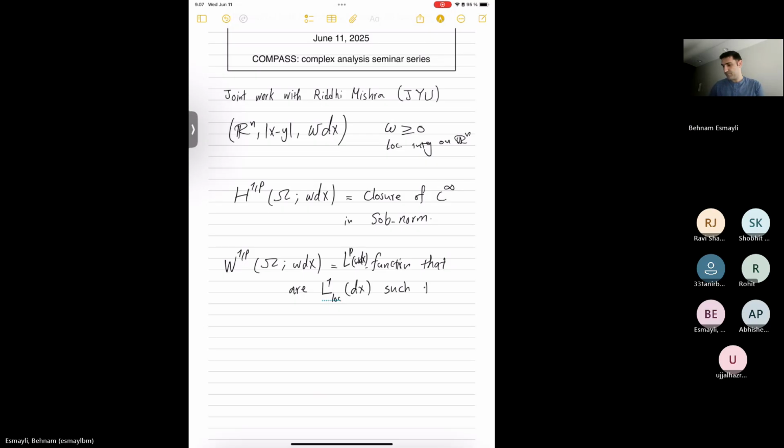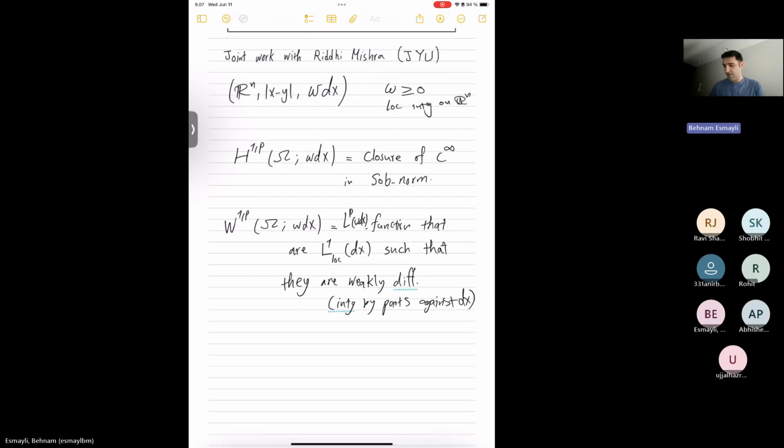And we require that they are weakly differentiable. And this is just integration by parts against the usual Lebesgue measure. That's actually kind of a mismatch there.